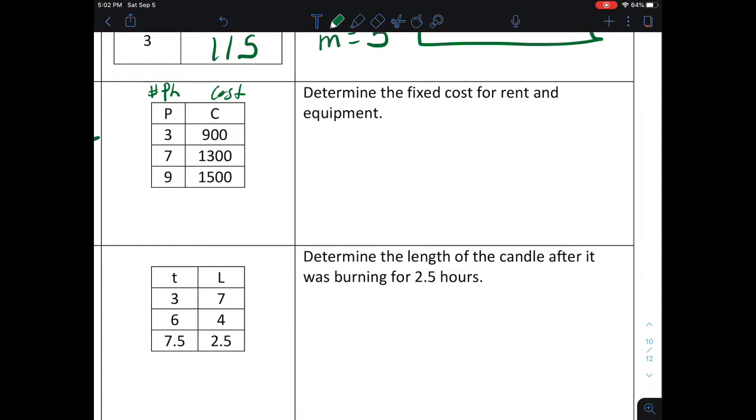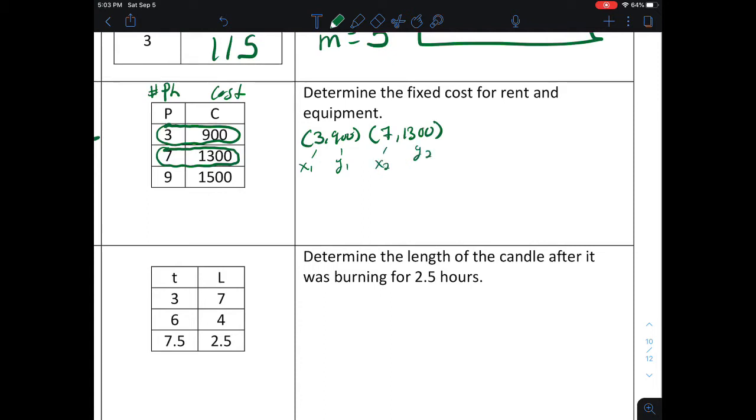And so we're going to start by finding the slope. So we're going to pick 2 points here. So I have a coordinate of 3, 900. And I have a coordinate that is 7, 1300. And I'm going to find the rate of change for every 1 phone. So I'm going to find my slope, x1, y1, x2, y2.